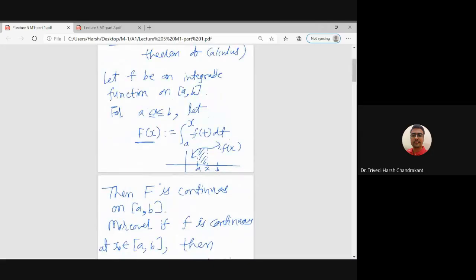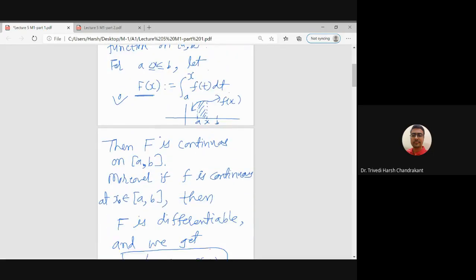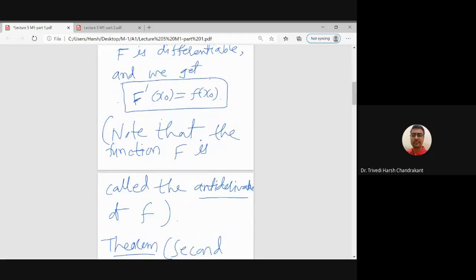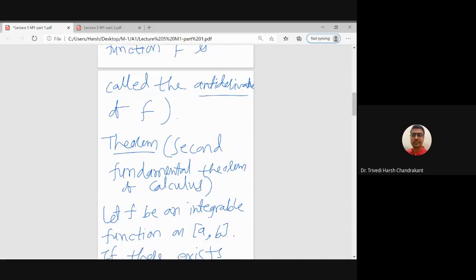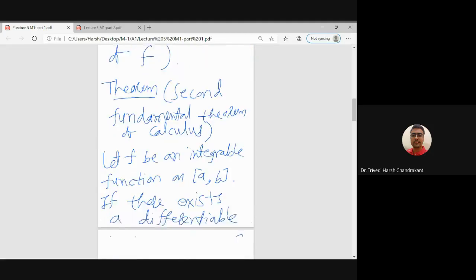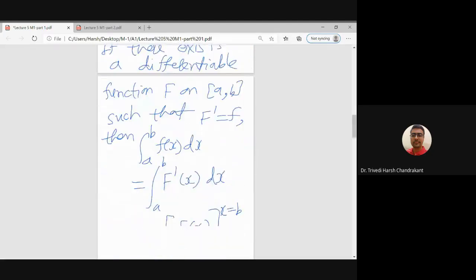In the first fundamental theorem, basically we integrate the function from a to x, right? So a is a fixed number from which we are finding the integral. What we usually choose is we take a equal to 0 there.